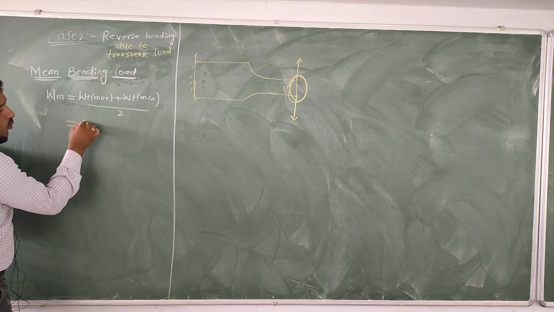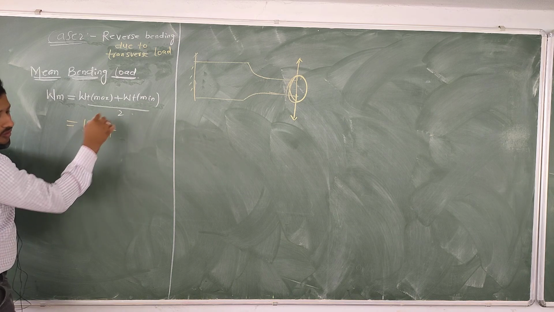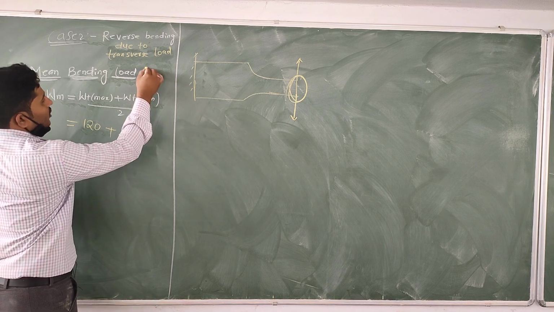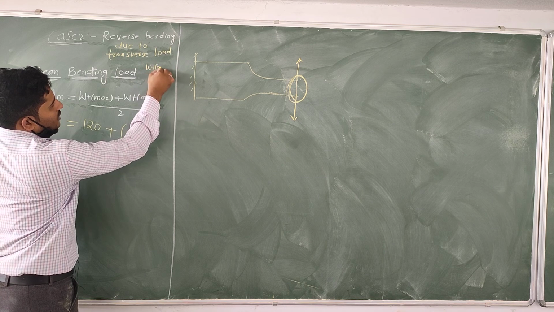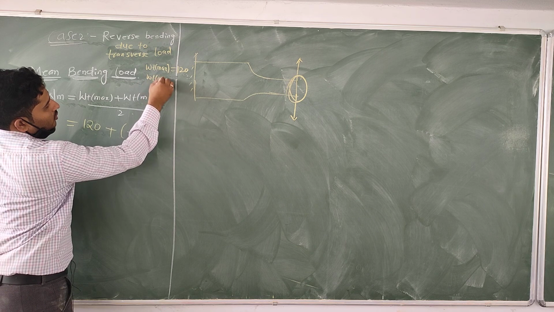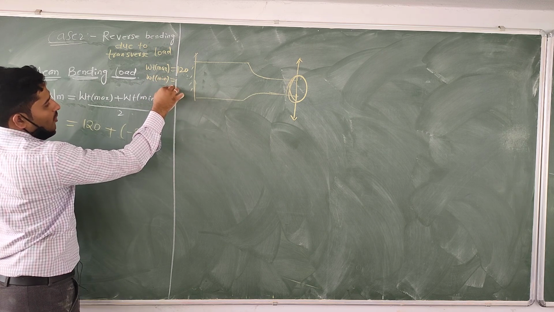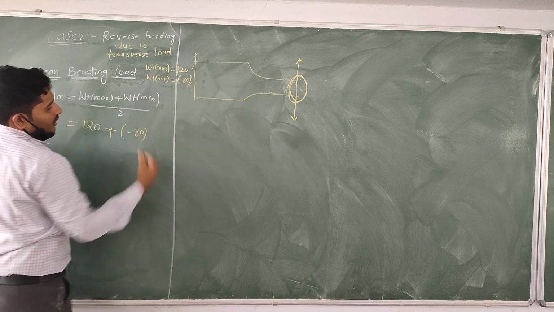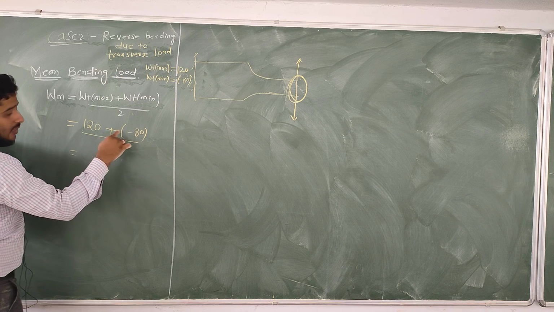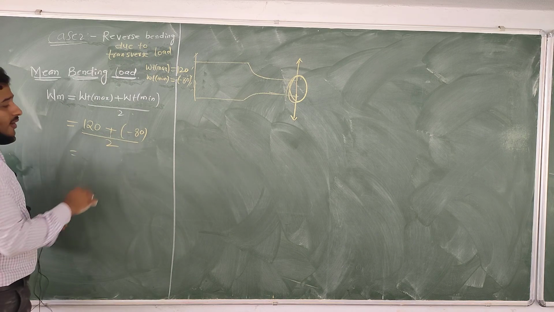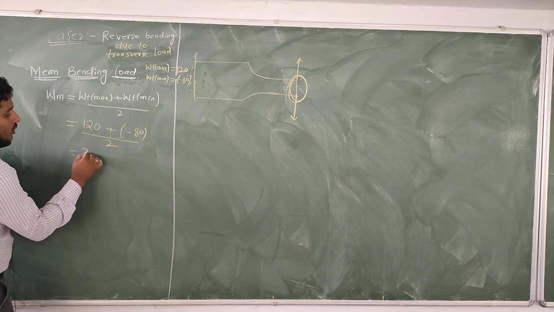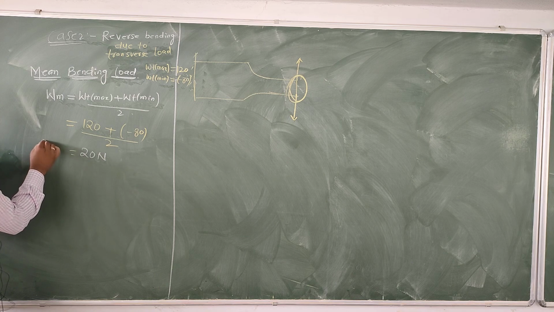Wt maximum is 120, is it right? Wt minimum is how much? Minus 80. We know very well maximum load is 120. The minimum transverse load is minus 80, by 2. So if you subtract this value, plus into minus should be minus. So 120 minus of 80 should be how much here? It should be 40. 40 by 2 should be how much? 20 Newton.